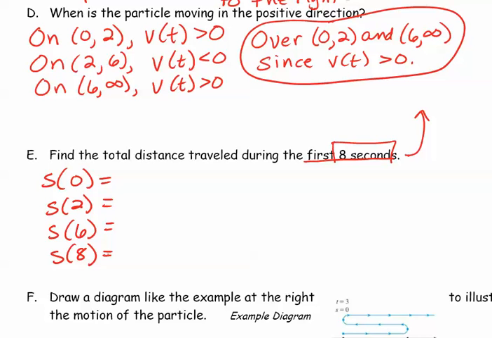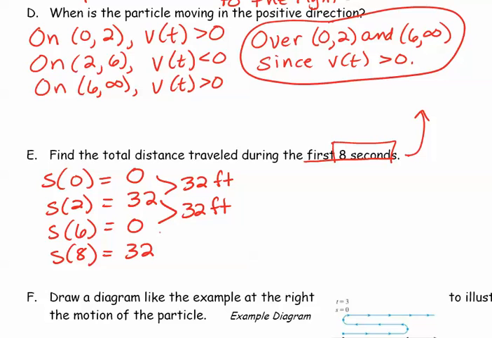So you want to do some calculating, and I've already done that. You can check this out and make sure you agree. I have 0, positive 32, back to 0, back to 32. So the total distance traveled, it traveled 32 feet in this interval, and then it traveled 32 feet backwards, and then it traveled 32 feet forward again.